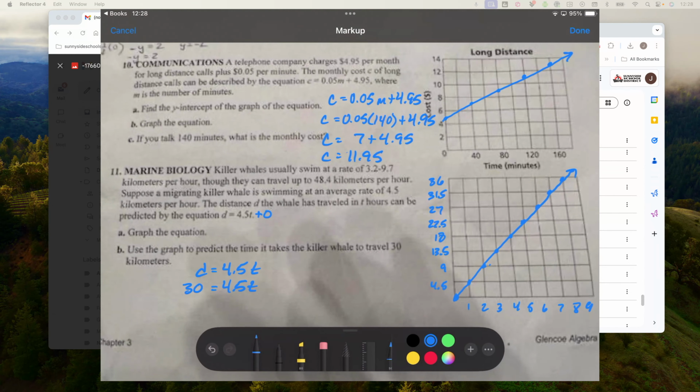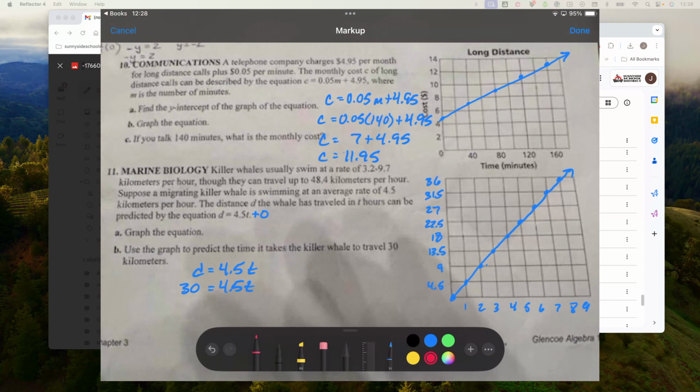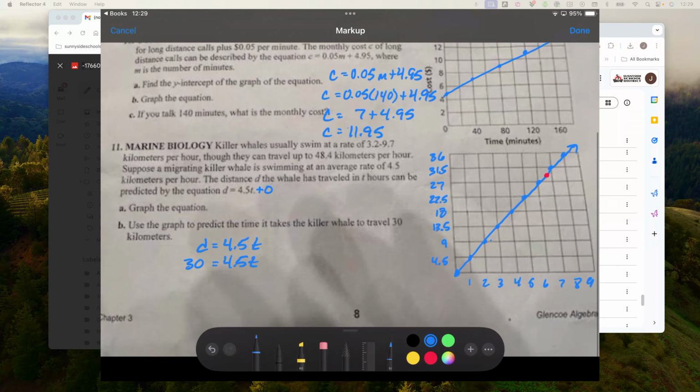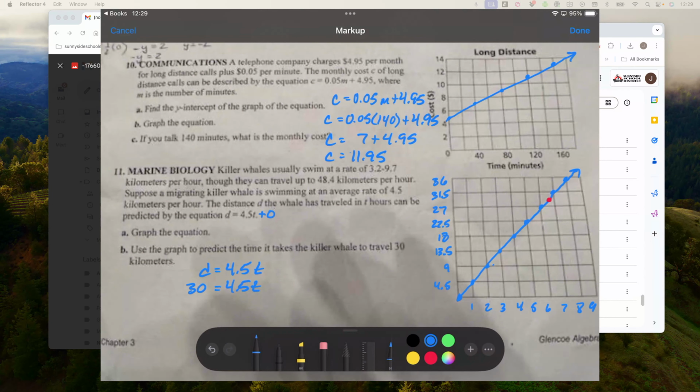So again, like you can see over here, I could guess, sure, like 30 is going to be about, I don't know, right there where that red point is, something like that. Like maybe 6.5 hours. Well, why would I do that? Why wouldn't I just use the equation? So we would divide both sides by 4.5.